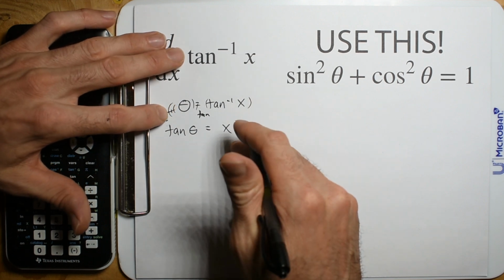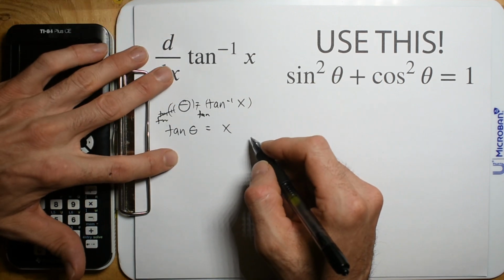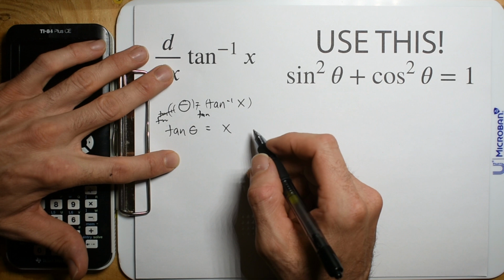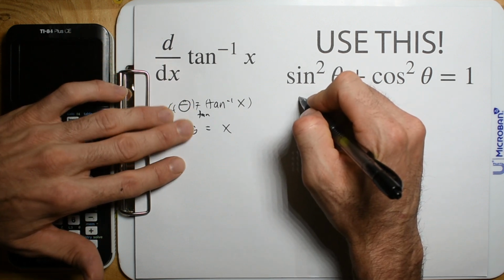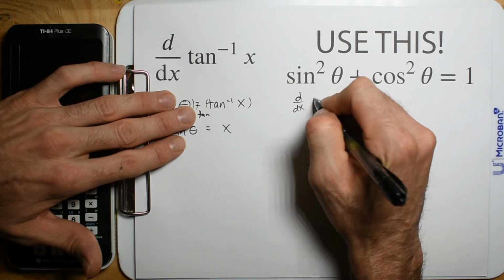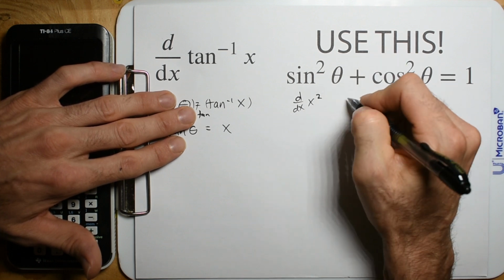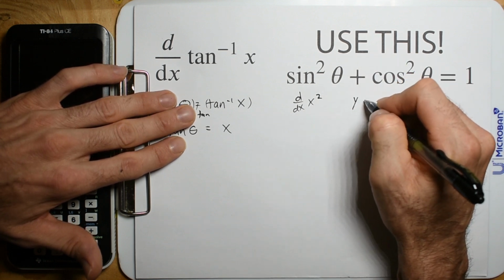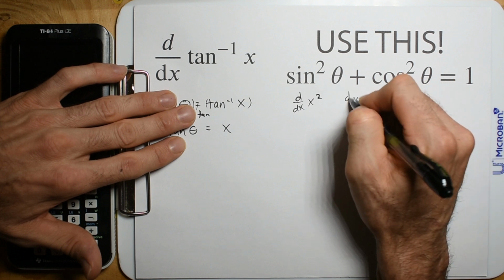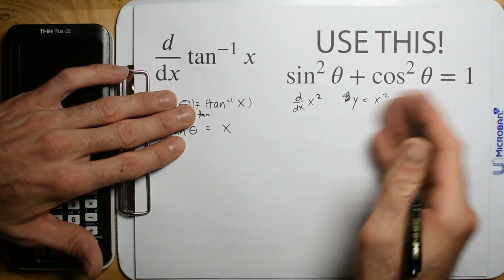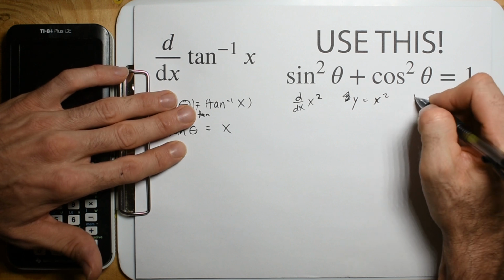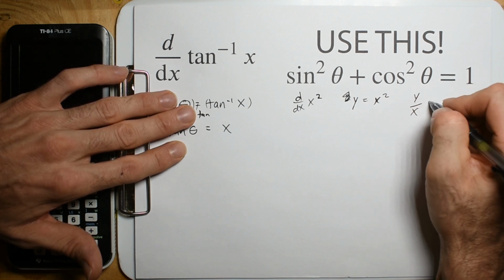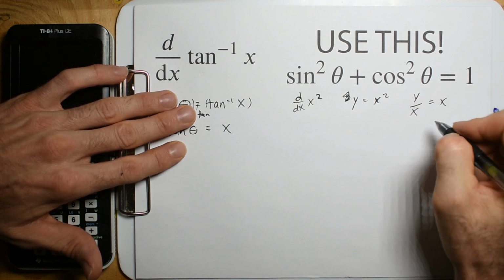Okay, and now maybe that's synonymous with, if we have the derivative dx of x squared, this is just on the fly, we're going to say that's y is equal to x squared, take the derivative. But instead, we took the derivative of both sides. Maybe you want to do something funny and say, I want y divided by x is equal to x, and now I'm going to take the derivative of that.